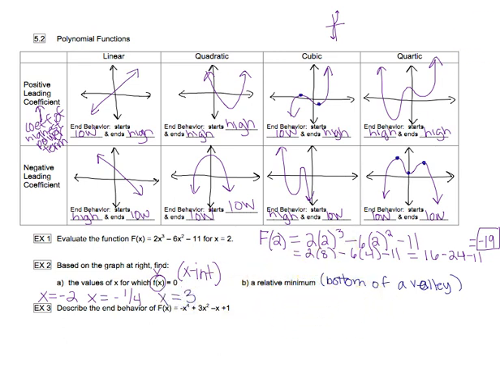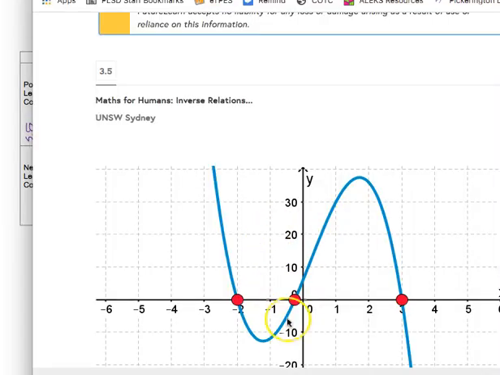The relative minimum then, the bottom of the valley, is going to be right here. And again, I have to estimate this because it's kind of between, but it looks like it's maybe at about negative 1 1/4. And if this is negative 10, this would be negative 15. So let's just call this negative 12.